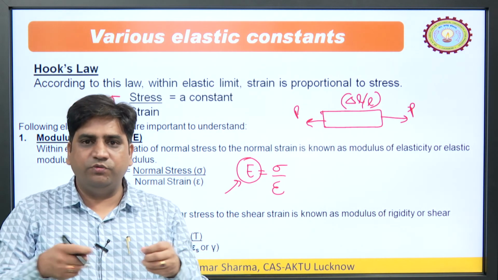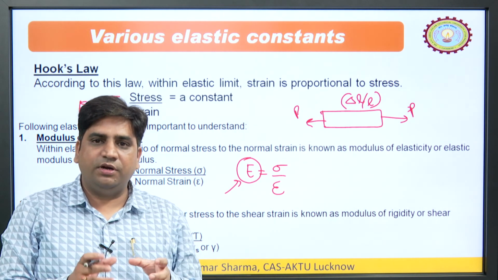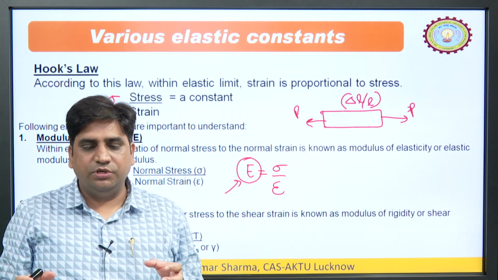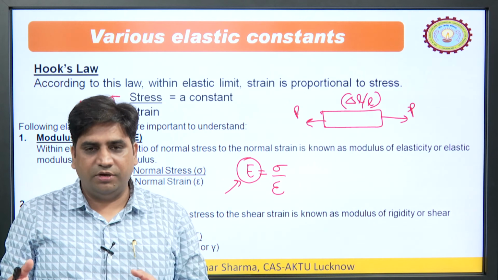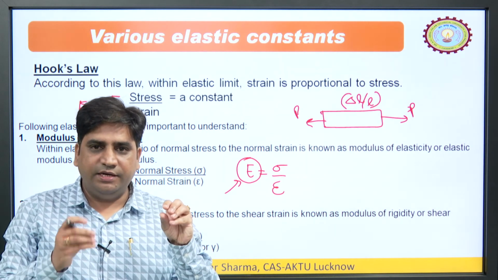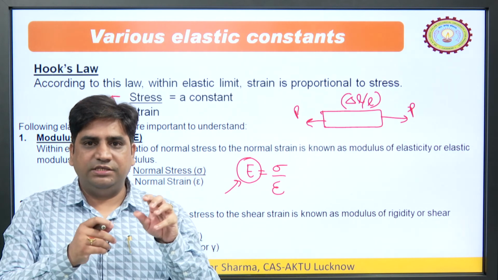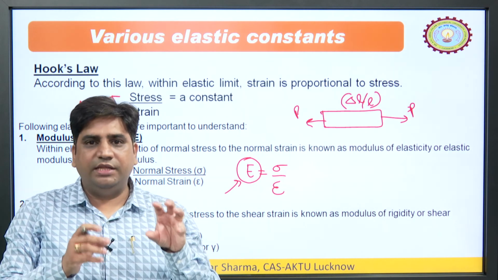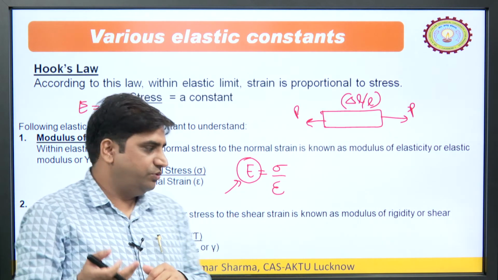As soon as we remove the load, it comes back quickly to the original position. When we compare rubber and steel, steel has more elasticity as compared to rubber, because when we compress the rubber, it takes some time to come to the original position, but when we compress a steel ball, it takes very little time to come back to the original position.